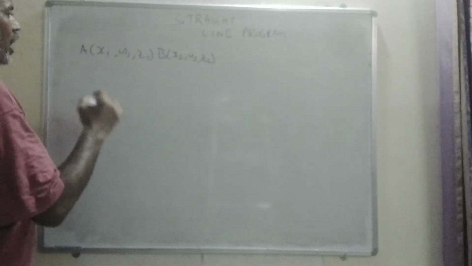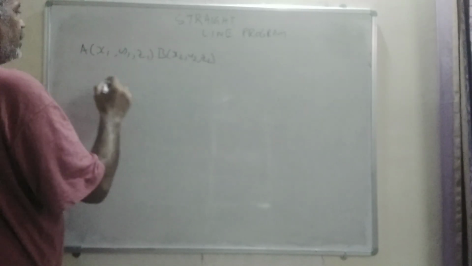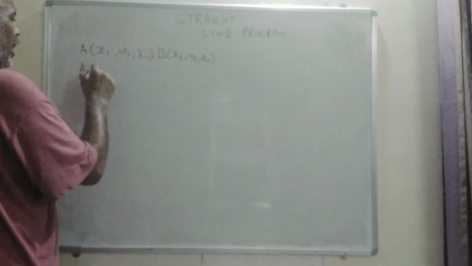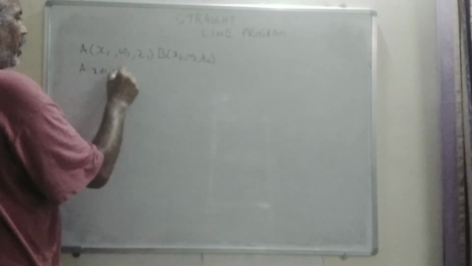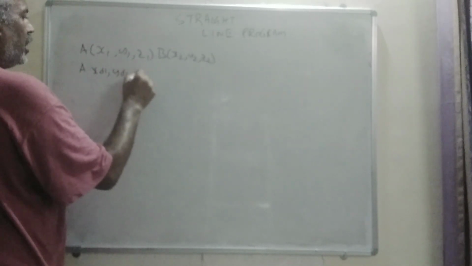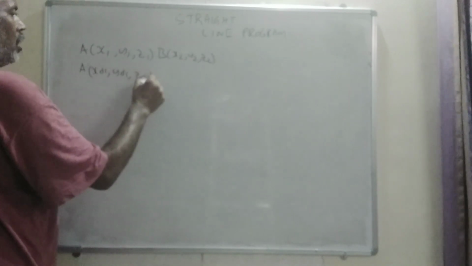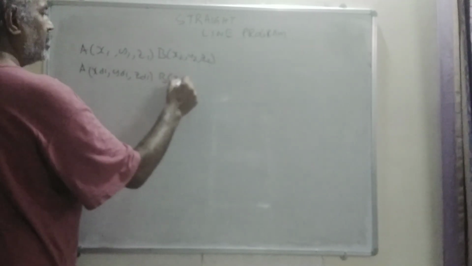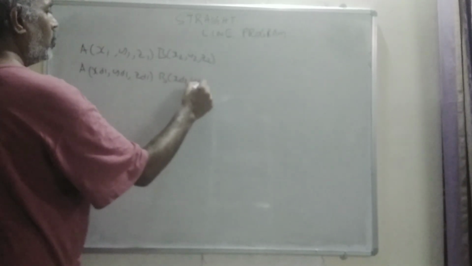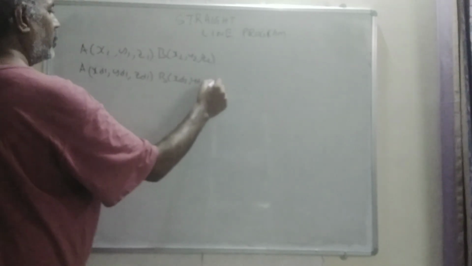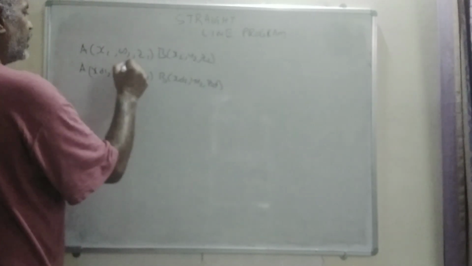I'm going to convert these to device coordinates A (xd1, yd1, zd1) and B (xd2, yd2, zd2). In between is the model coordinate system.